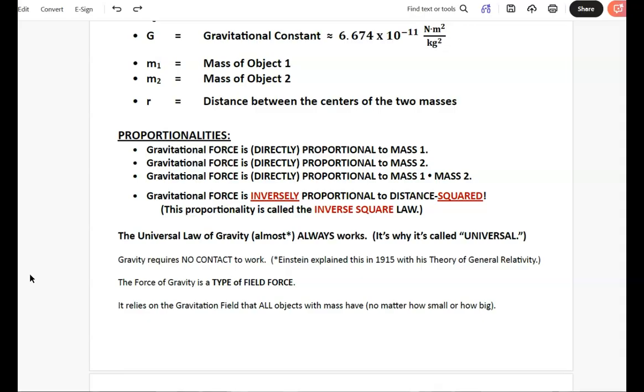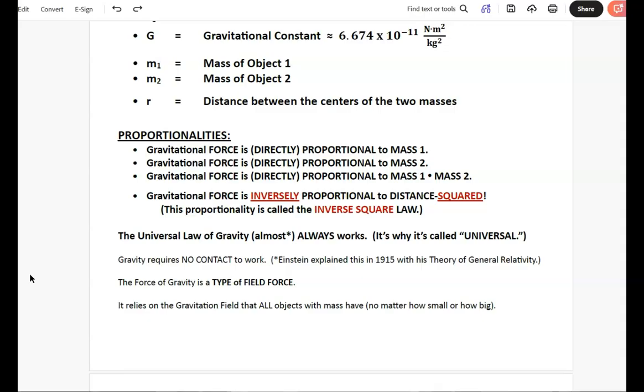One of the things that bothered Isaac Newton about gravity, when he studied other forces like friction or a pulling force or a pushing force or the normal force, was that all of these things involved contact between at least two different objects. But gravitational force doesn't require contact.